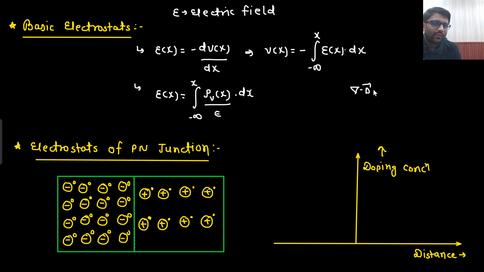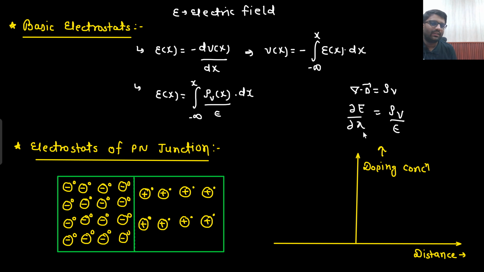Del dot D equals rho v, the Maxwell equation. If I only consider one dimension, then del would be replaced with d by dx. D could be written as epsilon E. This epsilon can go downward. So what will I be getting? If this epsilon goes downward, what will I be getting?